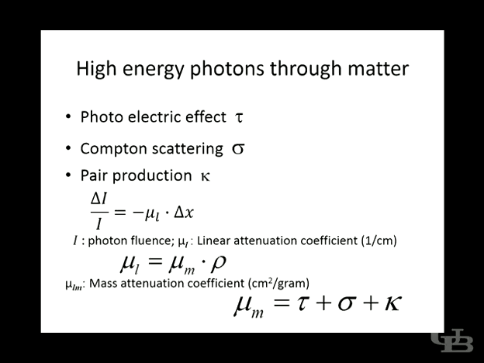It could be wood, could be lead, could be something else. So depending on the photon energy and the material, you have a particular ratio. And this ratio is called the linear attenuation coefficient.